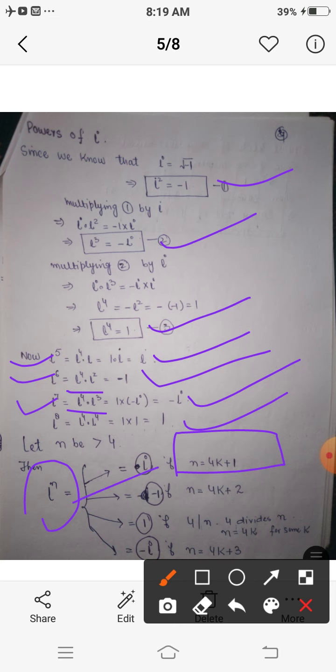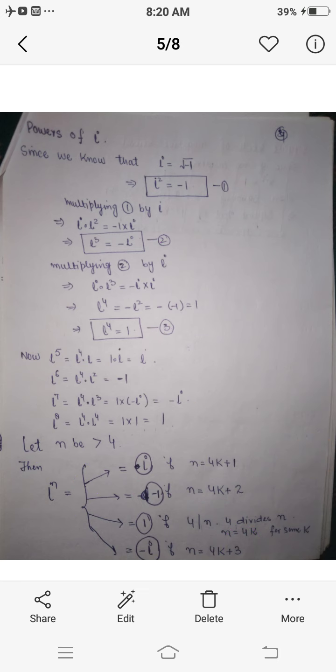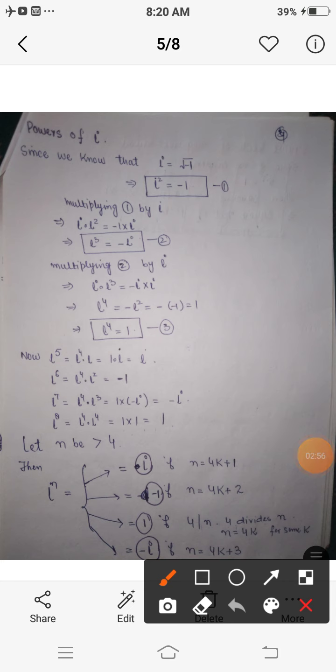Similarly, if we have a number of the form 4k plus 2, its value is minus 1, like in iota raised power 6. For a number of the form 4k plus 3, the value is iota raised power 4k into iota cube.